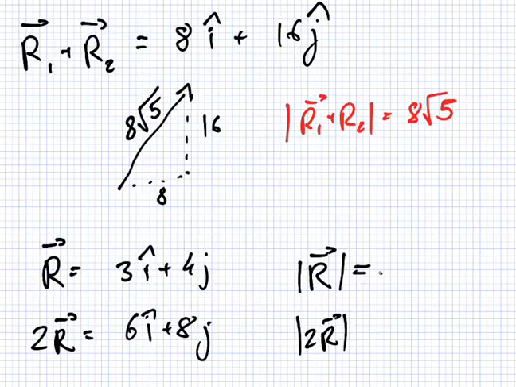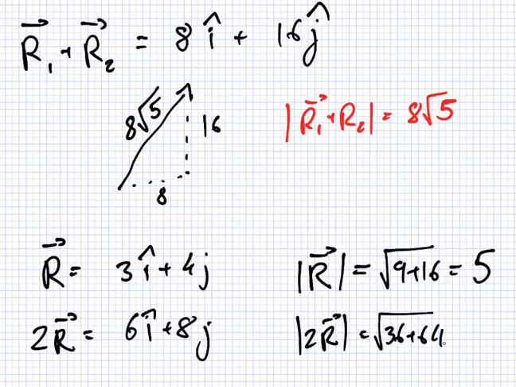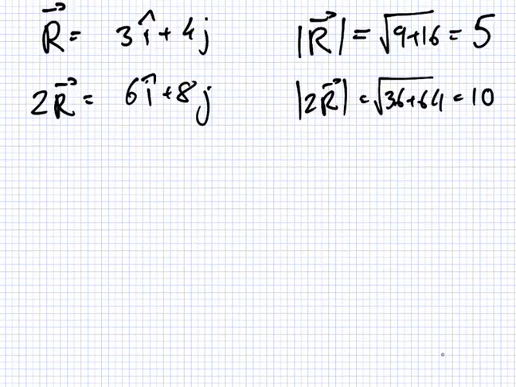Well, if we do it together, actually, this one will be square root of 9 plus 16, which is 5. And this one here will be square root of 36 plus 64, which is 10. Square root of 100. So it is twice as big. Do you think the direction will change? No, it shouldn't. So let's calculate the direction.